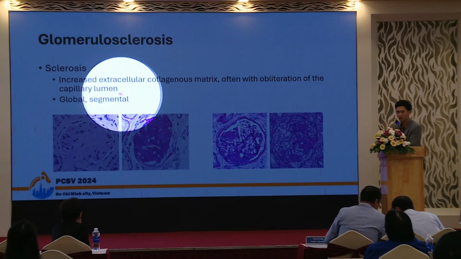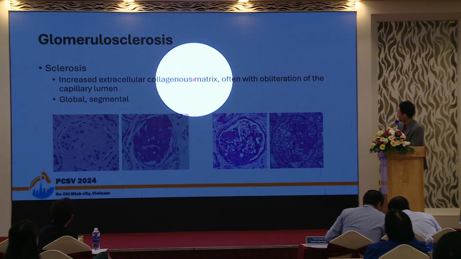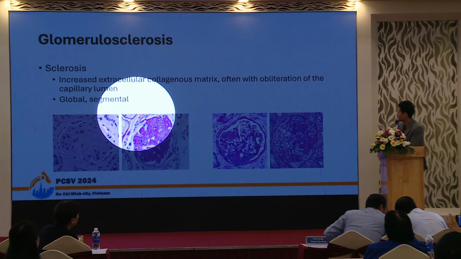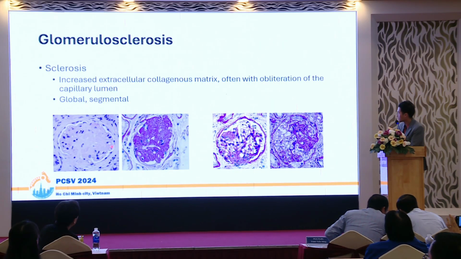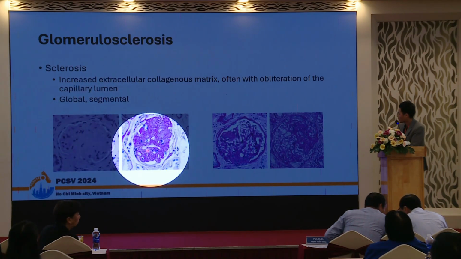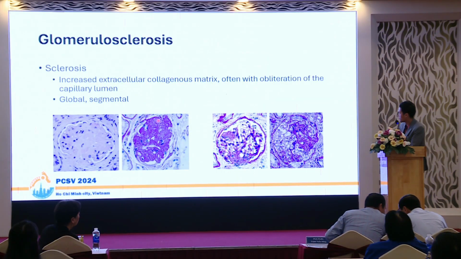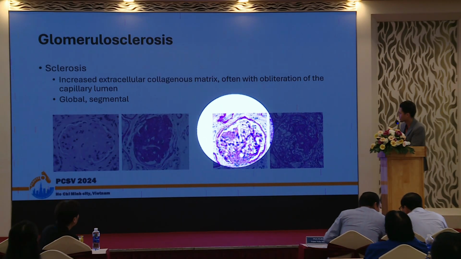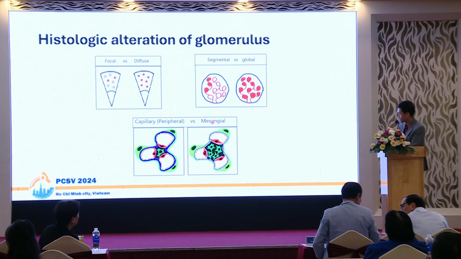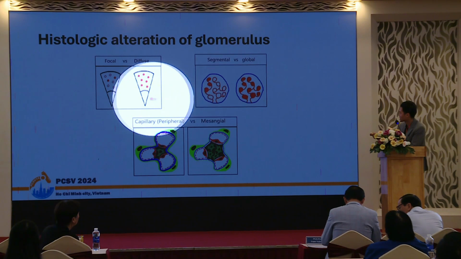Sclerosis means increased extracellular matrix, often leading to obliteration of the capillary lumen. It can be global, meaning the whole glomerulus, or only a portion of the glomerulus, which is segmental. So this is the basic description of the glomerular region.